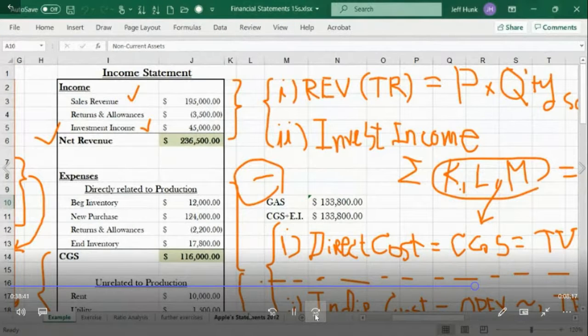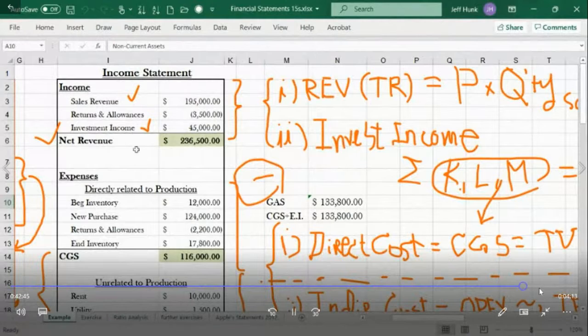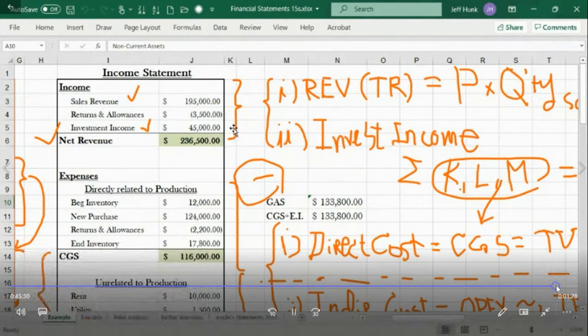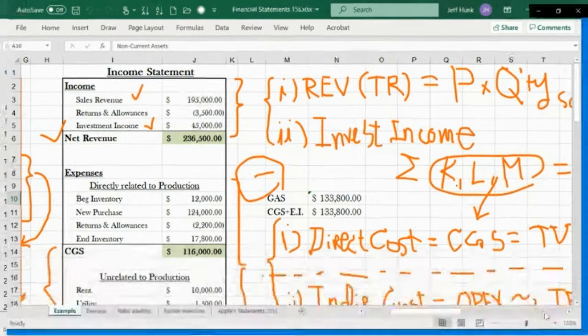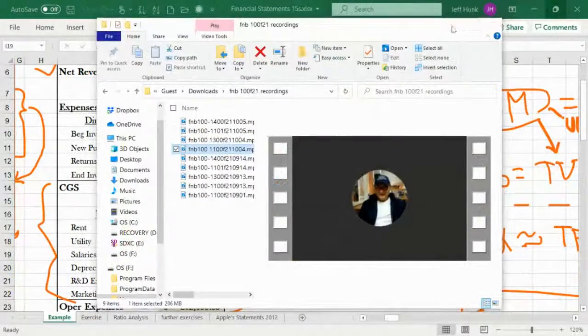There are mainly 2 sources of income: sales revenue and investment income, a kind of passive income. Okay, so that was what we were just about to begin talking about.